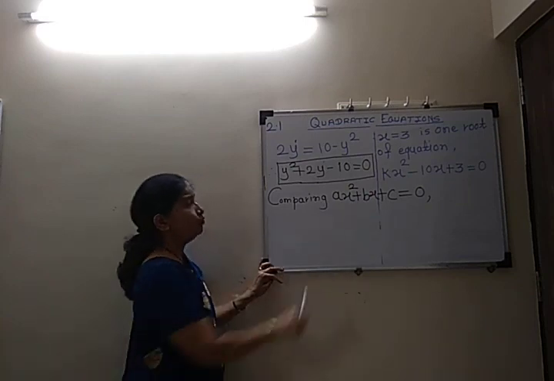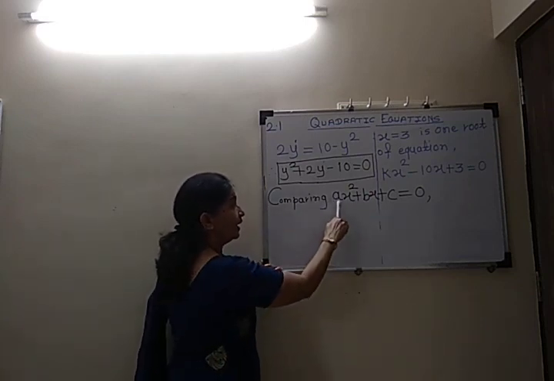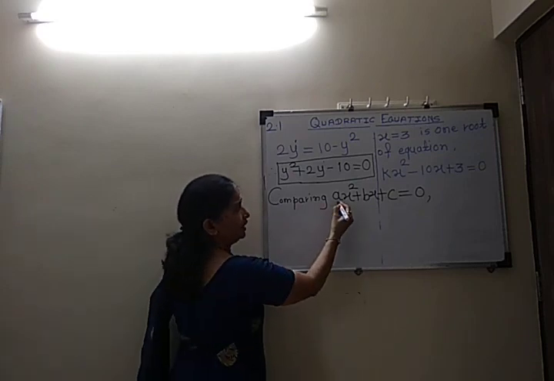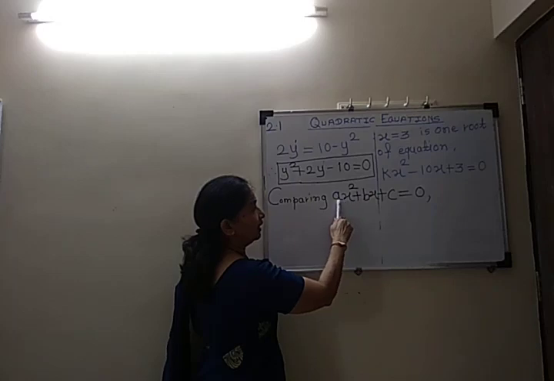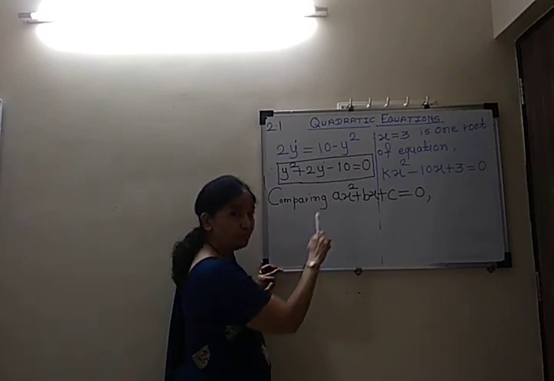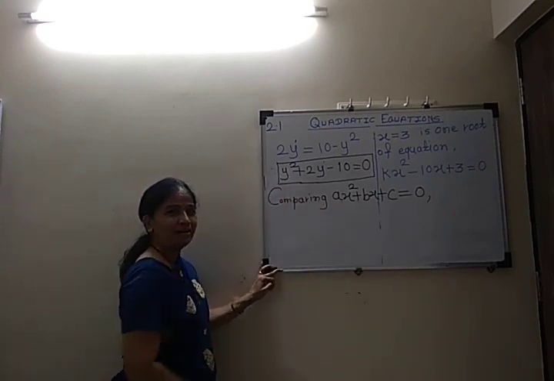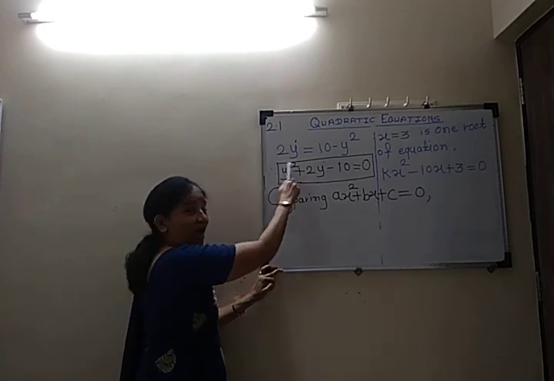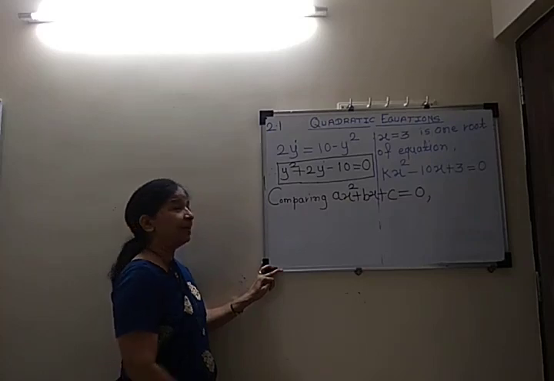So now we have to decide a. See here, for standard form, a is the coefficient of the square term. Means here find your square term. It is y square. What is its coefficient?